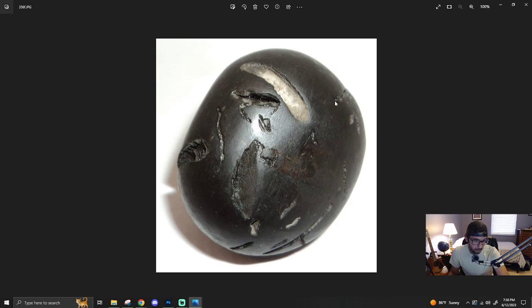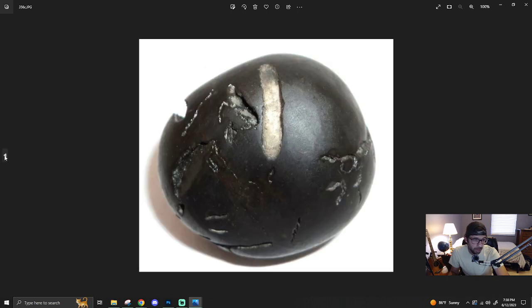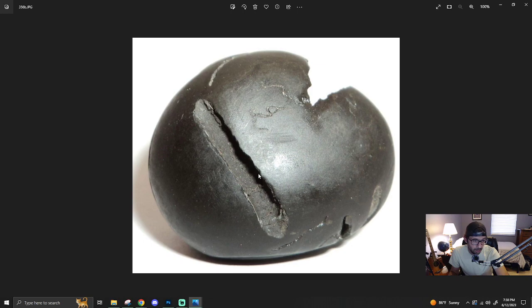So maybe it goes this way too. Like divides, and then comes back and joins as one current over here. And then divides. So where they join, they really create turbulence.